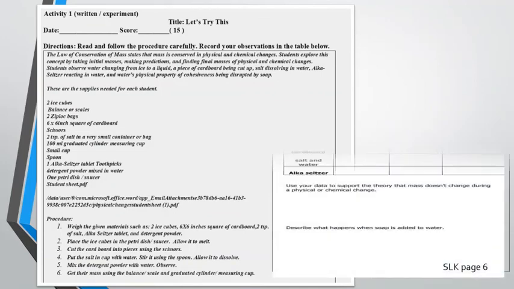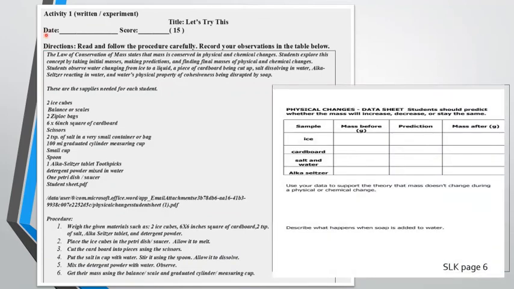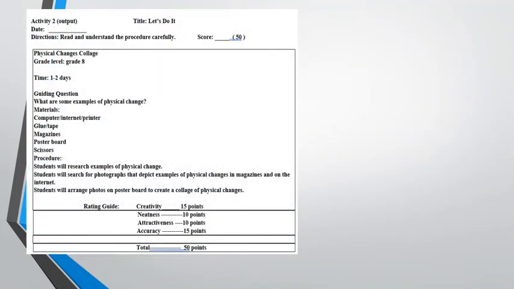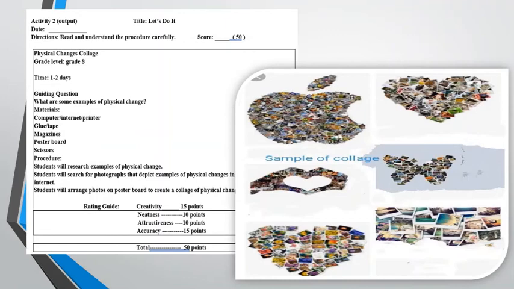Now on page 6, kindly answer Activity 1. Kindly pause this video so that you can do the activity and fill out the answers on your answer sheet. Next, you are going to do Activity 2, which will be your output. You have to make your own collage.